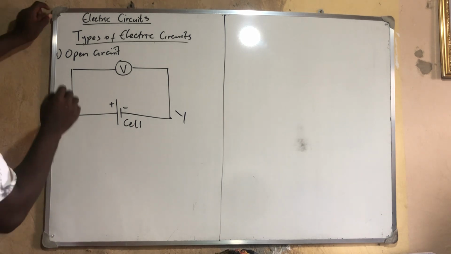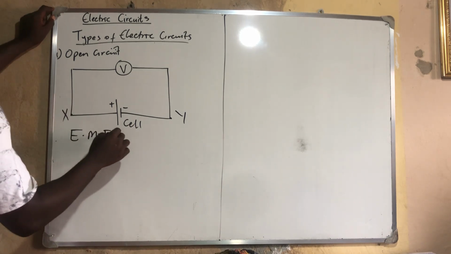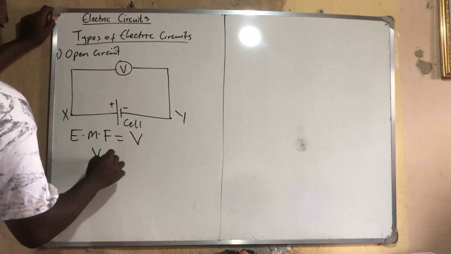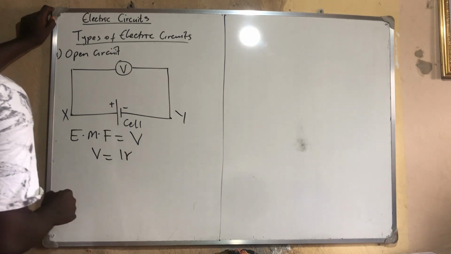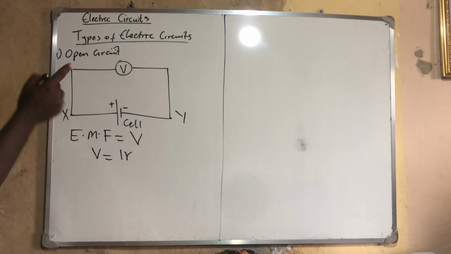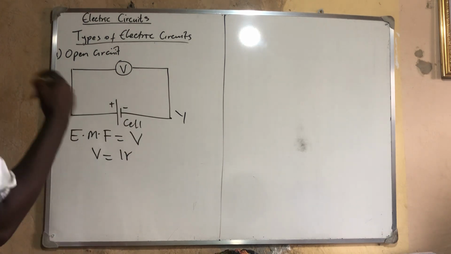So what do we mean by that? We mean that the EMF here is equal to the voltage. And don't forget that V is equal to IR. Why did I use small letter r? Because there is no external resistor here, so we are using r, the internal one.